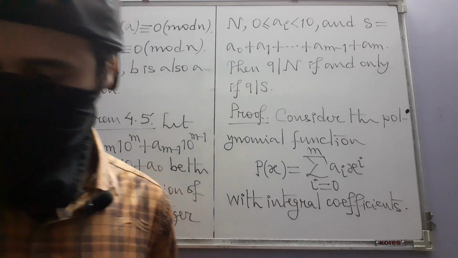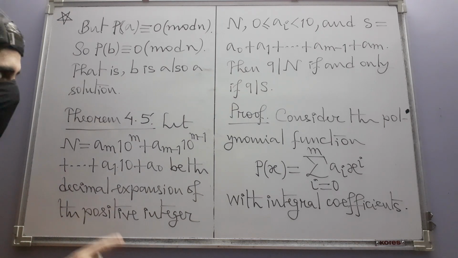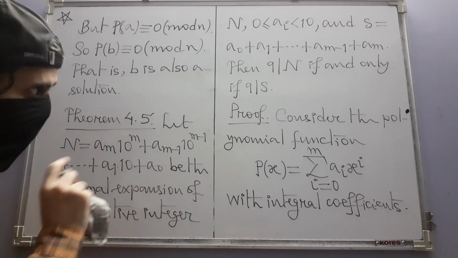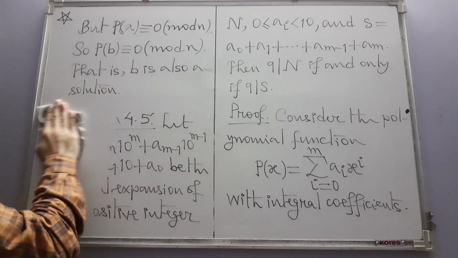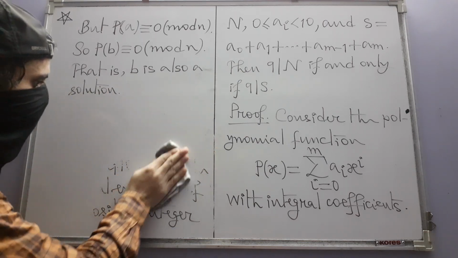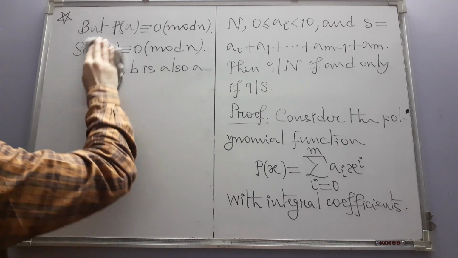And in place of a congruent to b mod n, what shall we take? Note that our modulus n should be 9, and conveniently we can consider the congruence 10 congruent to 1 modulo 9, which of course is true.